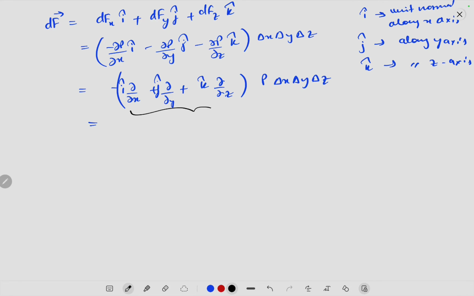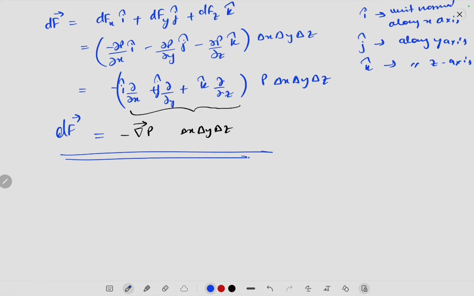In mathematics this is denoted by the gradient vector. So this will become minus grad P times the volume delta x delta y delta z of the fluid element. So this dF is given by this expression.